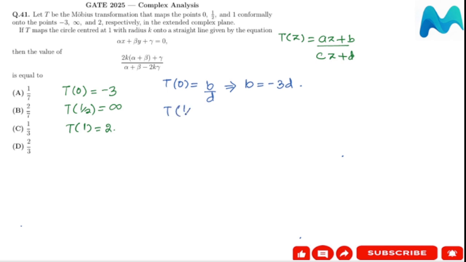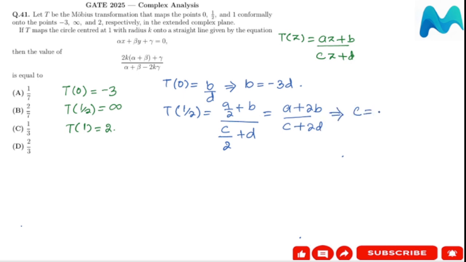And T(1/2) will be (a/2 + b)/(c/2 + d), which is equal to (a + 2b)/(c + 2d). Since this is infinity, the denominator c + 2d is 0, which implies c equals -2d, and we can find the value of c.